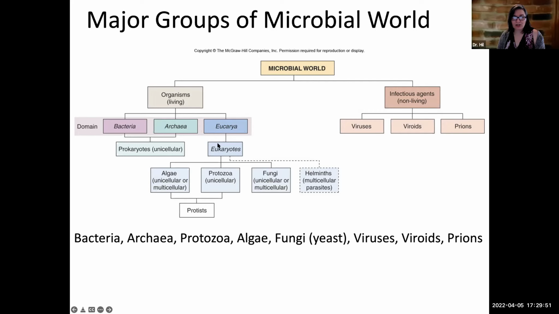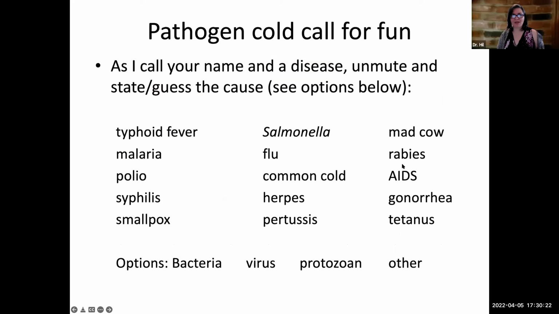Eukarya, which includes us and macroorganisms, but also includes things like single-celled animal-like protozoa and algae, right, that are either unicellular or multicellular, but small, microscopic. And additionally includes fungi, most of which are macroscopic, but the yeasts and some of the molds are microscopic. And over here, we've got our non-living viruses, viroids, prions.